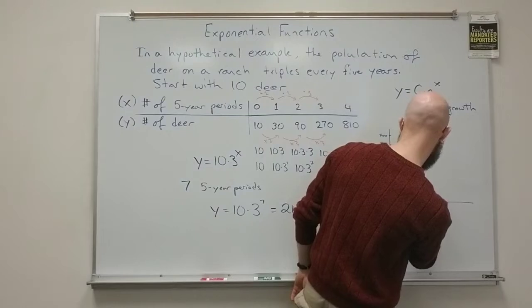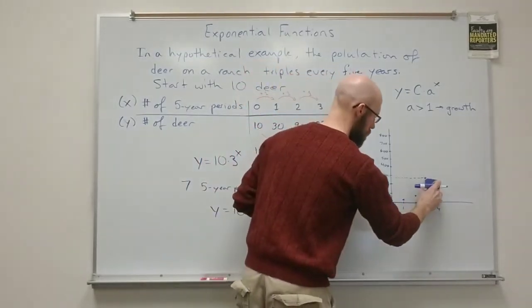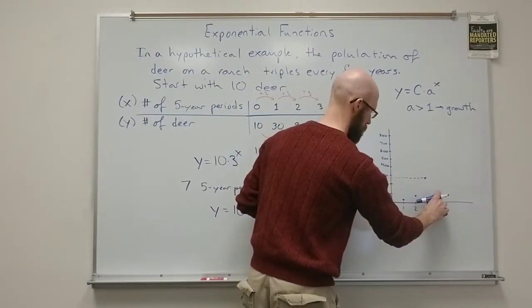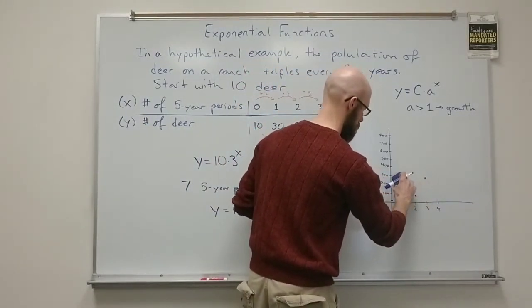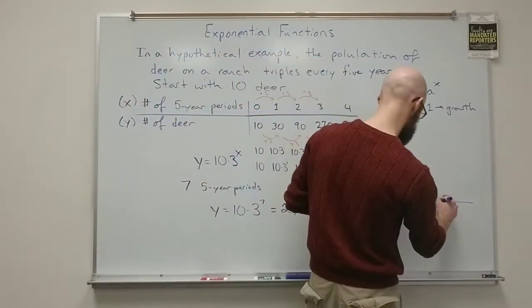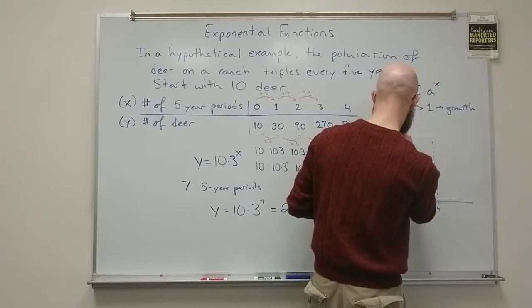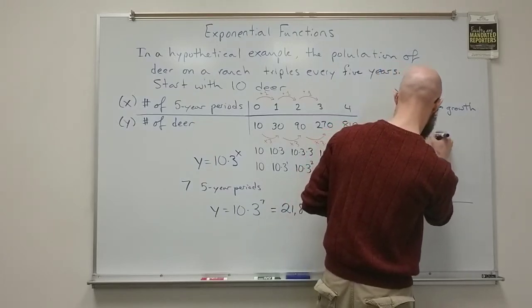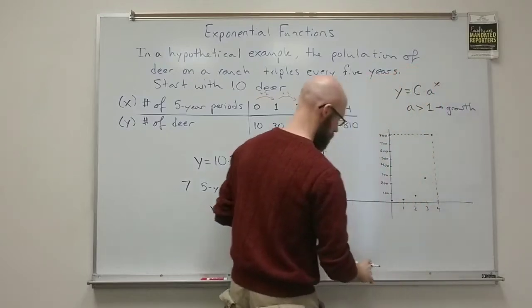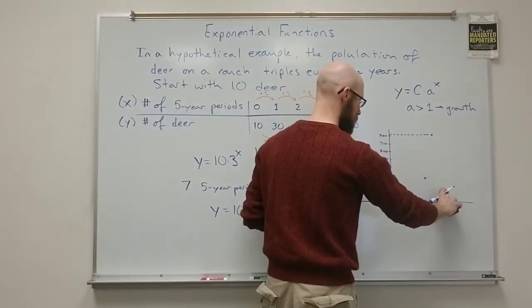Let's make that a little bit more horizontal. There we go. And then let's go 4, 810. Somewhere up there. And so you can see how this graph really grows quickly.